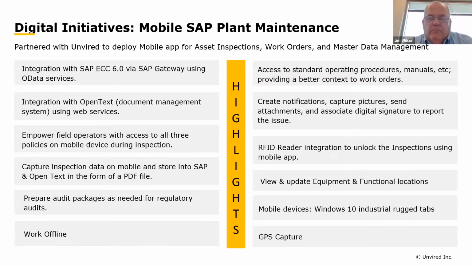So this is kind of a technical look at how we did it. We researched a lot of companies at the time. I think this was back in 2017. We were looking then, and some companies were really starting to come out with mobile solutions for plant maintenance.